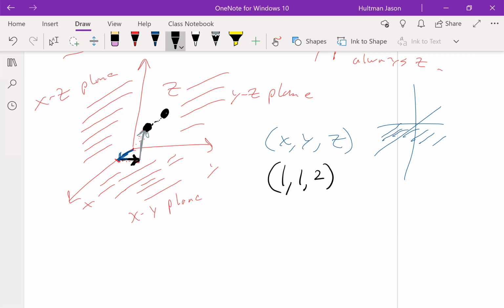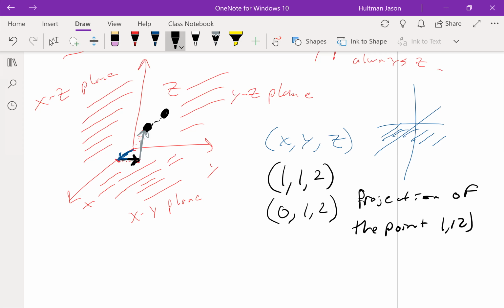On the YZ plane, wouldn't it be projected at 0, 1, 2? This is the projection of the point 1, 1, 2 onto the YZ plane. Okay.